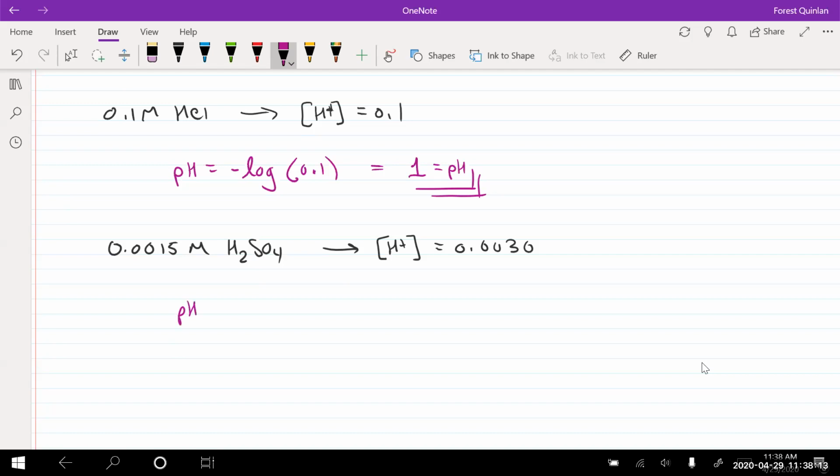Plug and chug, pH equals negative log of 0.0030, or pH is equal to 2.52. Notice that our pH is rising. It is rising up because we have less and less H pluses in there.